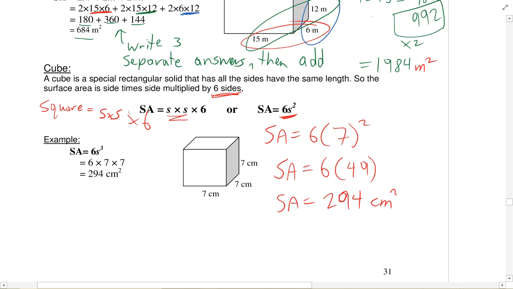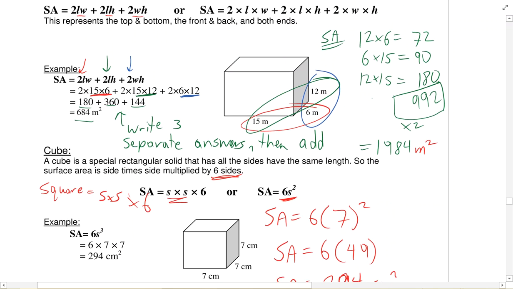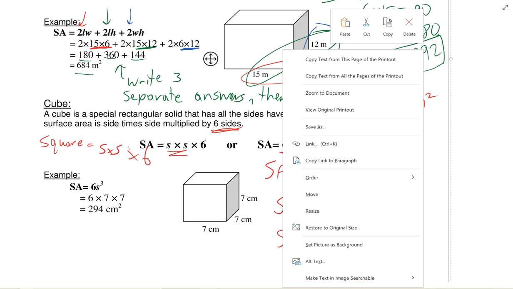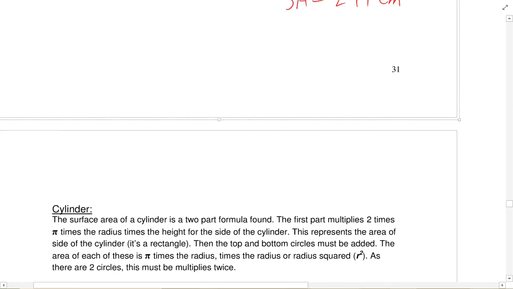Okay, so you're going to your calculator, finding your answer. Good, so those are 2 formulas. The rectangle, length times width, and then you're timesing everything by 2. Cube, 6s squared, times everything by 2.